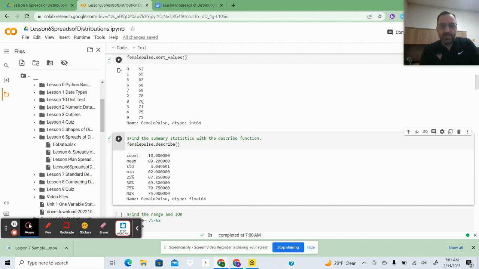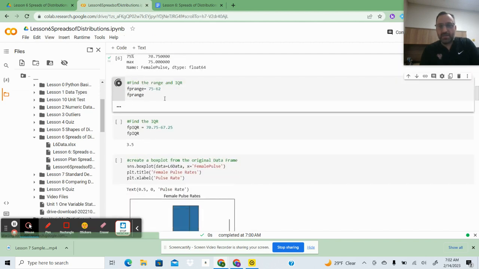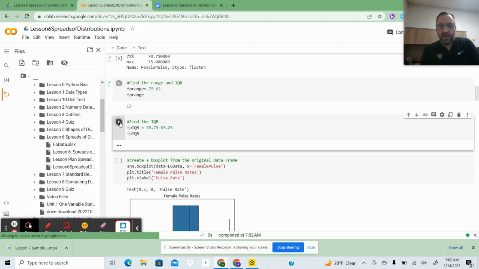Similarly here, you do 0.75 times the difference between 70 here and 71. So 70 plus 0.75 times 1, which gives you 70.75. So then here to find the range, I did the max minus the minimum. And then the interquartile range, I just put in the values for Q3 minus Q1 there.